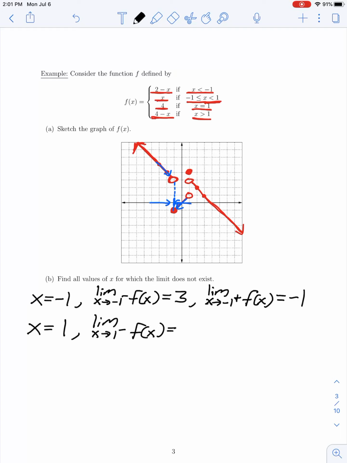So maybe we could take 2.9. So I would have 1 divided by negative 1/10, which would give me negative 10. If I move a little closer to 3 from the left, let's say 2.99, I would have 1 divided by negative 100th, which gives me negative 100.